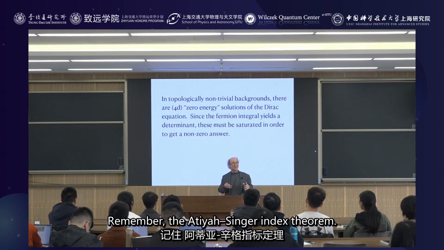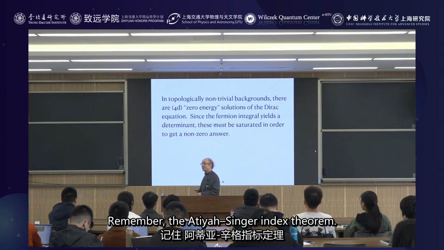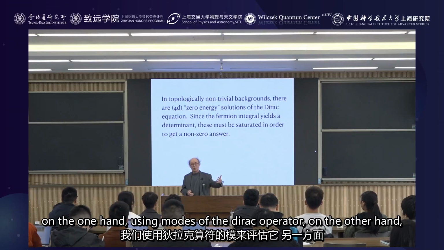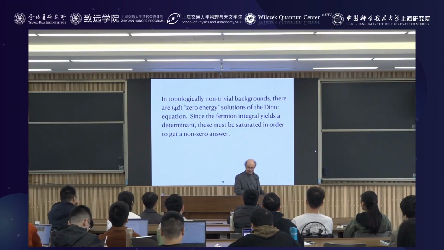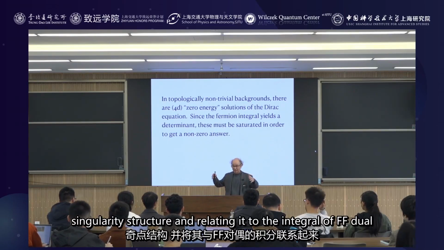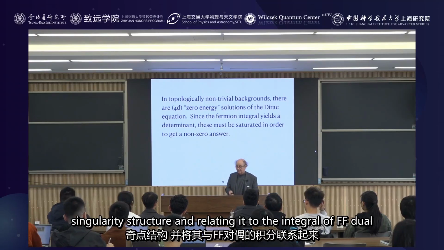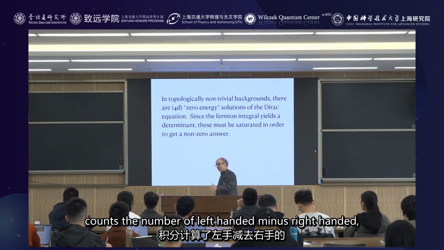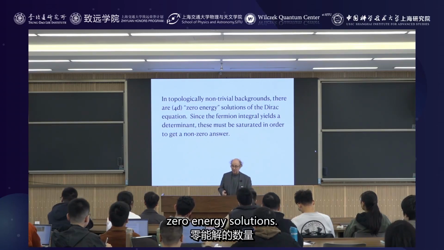Remember this, the Atiyah-Singer index theorem. We evaluated it on the one hand using modes of the Dirac operator, on the other hand, the singularity structure and relating it to the integral of F F dual. So the integral of F F dual counts the number of left-handed minus right-handed zero energy solutions.